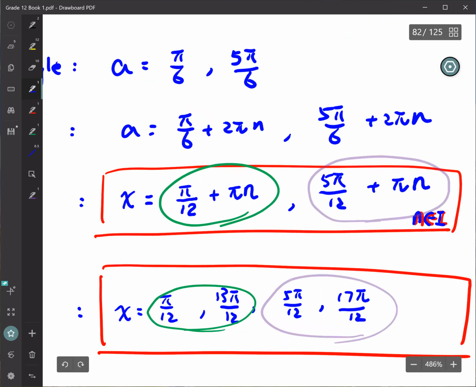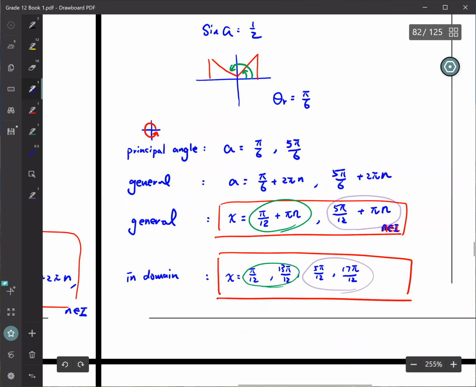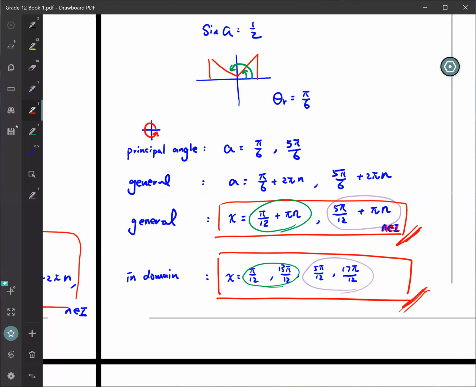Any more questions? So for this one, we have a total of 4 answers. If the question asks for the general solution, then you stop at the third line, the first red box. But if they give you a domain, you have to do one more step to get the answer in the domain.